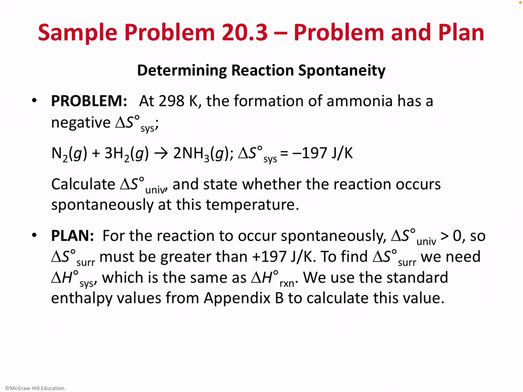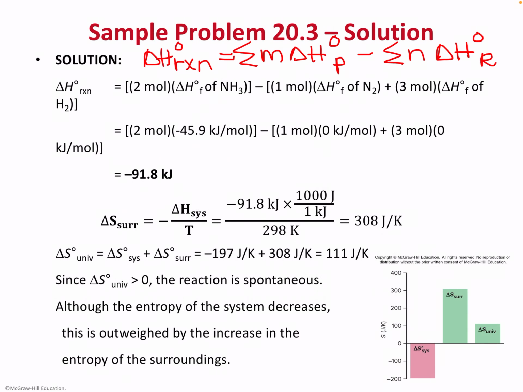That is where the 298 came from. So you divide it by 298. There is a negative here, and this is also negative, so this negative and this negative will make it positive, 308. So the delta S surrounding is 308.